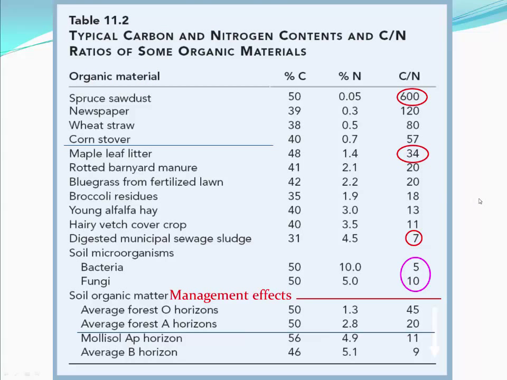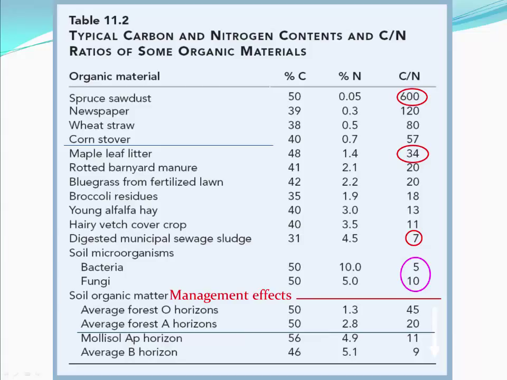Well, here's a chart that shows the carbon to nitrogen ratio of several soils. And ideally, recall that the ideal ratio is 5 to 1 to 40 to 1. If we get higher than that, the material is said to be nitrogen limited. And if we get a lower ratio than 5 to 1, then it's said to be carbon limited.